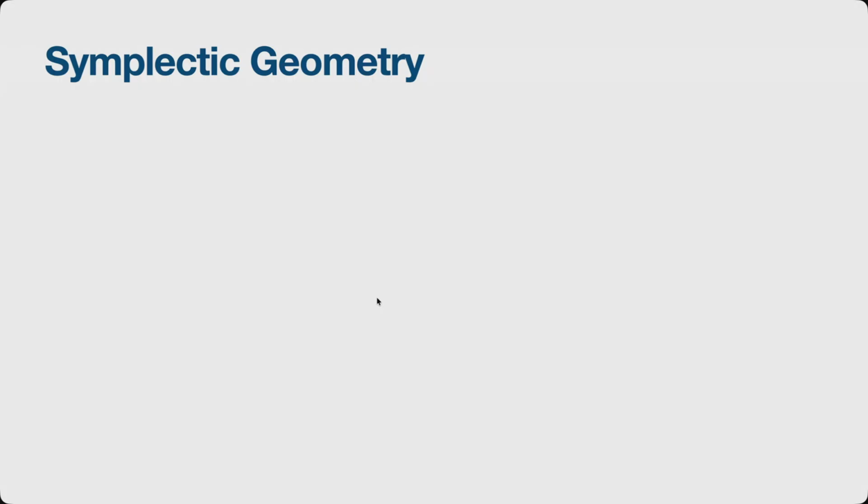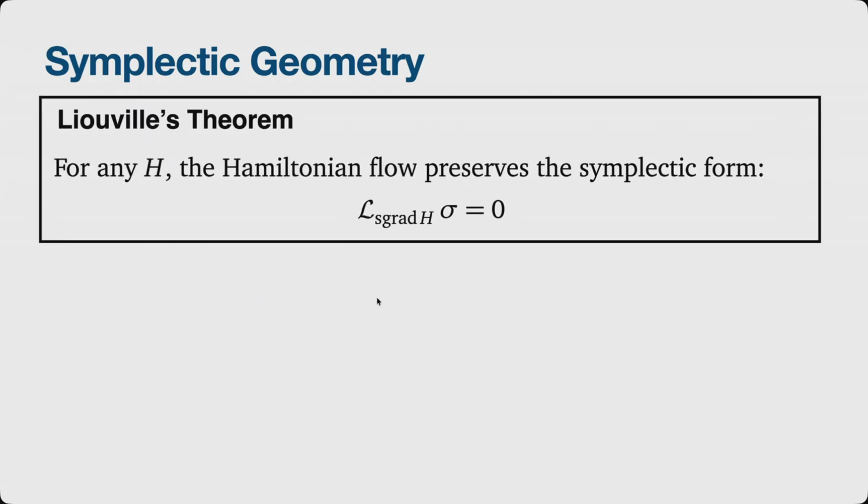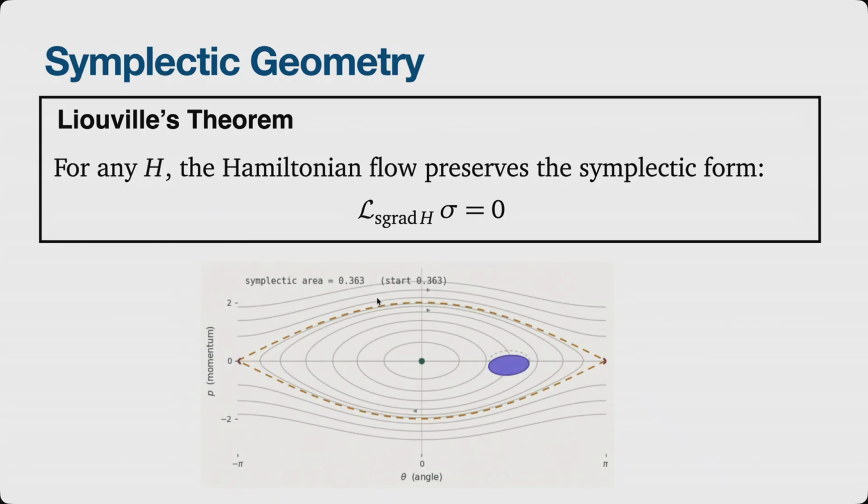Okay, so there is one important theorem that shows up a lot in symplectic geometry and Hamiltonian mechanics called Liouville's theorem. What Liouville's theorem states is that for any H, the Hamiltonian flow will preserve the symplectic form sigma. So what does this mean? We can understand this through the following phase portrait, living in the phase space.